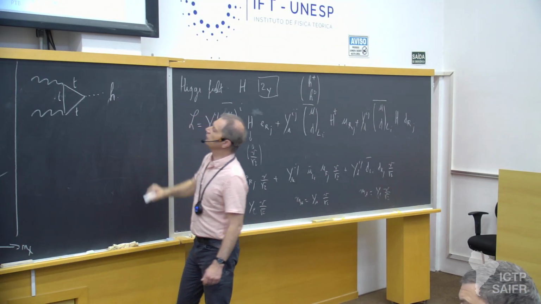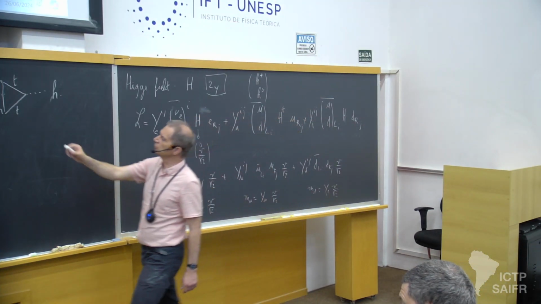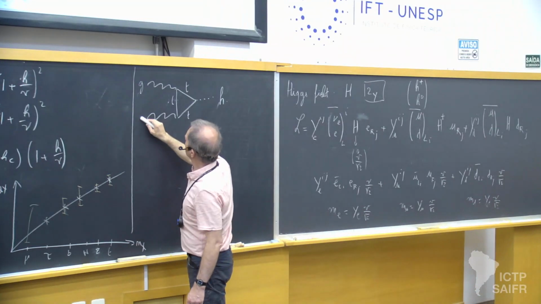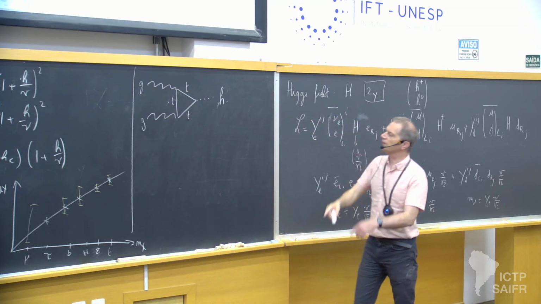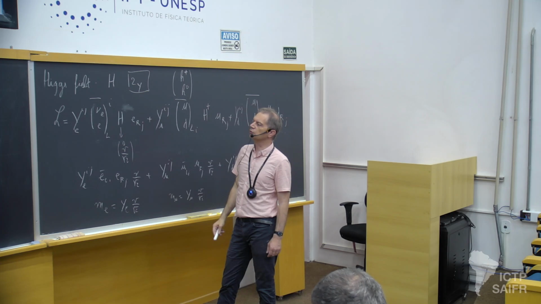That's the main production channel of the Higgs boson at the LHC. So you start with two gluons, and you produce the Higgs via the quantum mechanical effect of a virtual loop of the top quark.